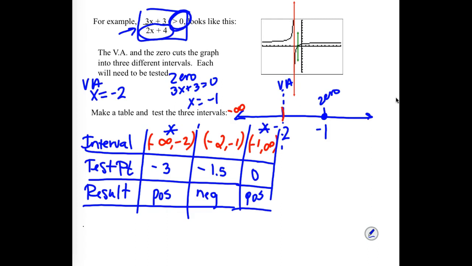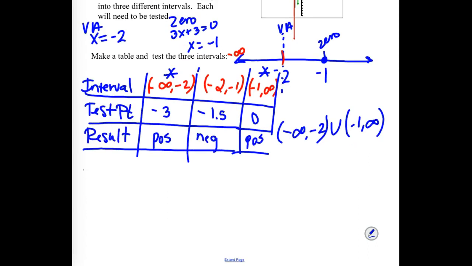So those would be my solution pieces, from negative infinity to negative 2. And then also we need the interval from negative 1 to infinity. Okay? And a graph of that solution would look like this.